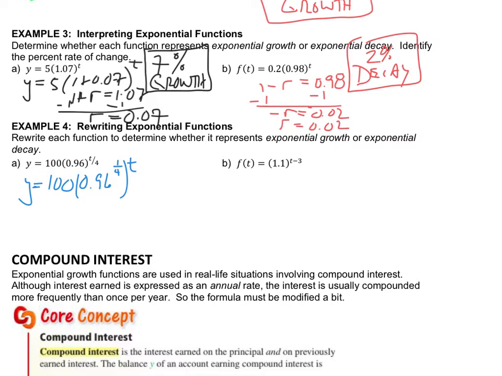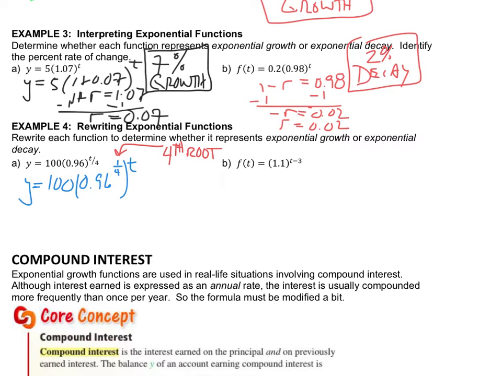Okay, so the reason I'm doing that is that then I can focus on that 1/4. So remember, 1/4 means we want the 4th root of that 0.96.